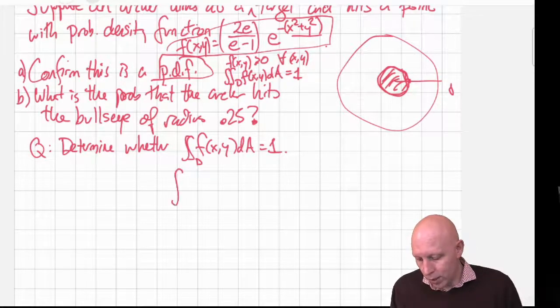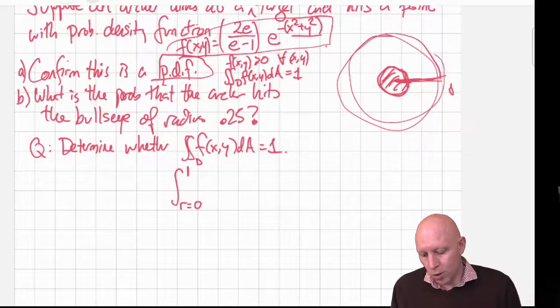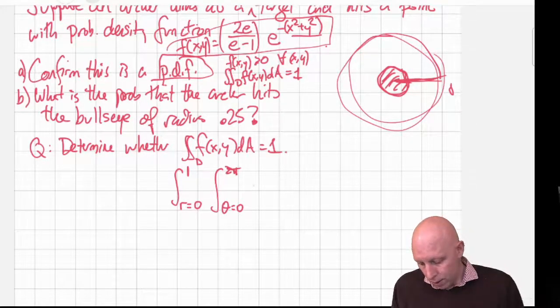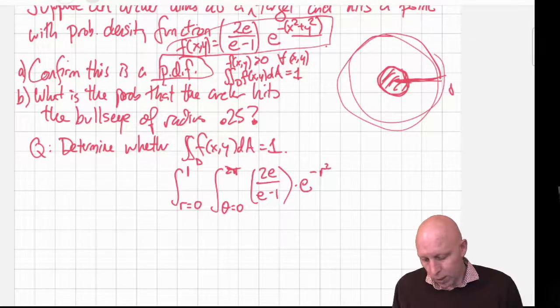So we have an integral where r goes from 0 to 1, and then theta goes from 0 to 2 pi of our function, which is 2e over e minus 1 times e to the minus r squared times r dr d theta.